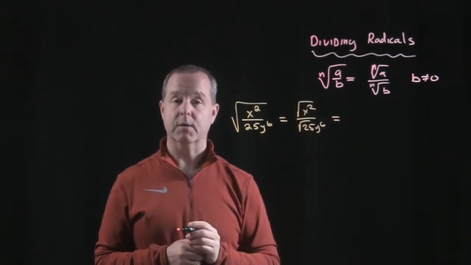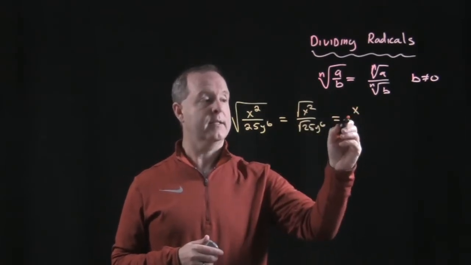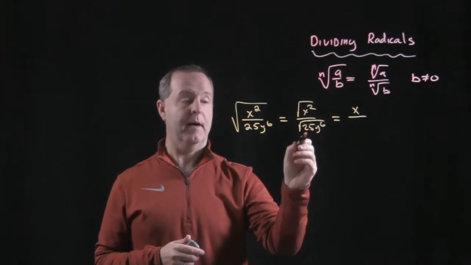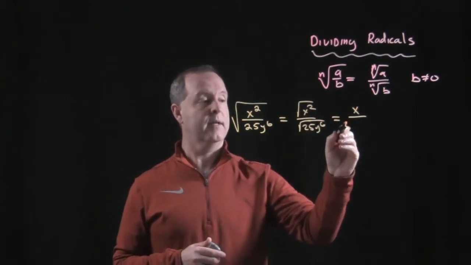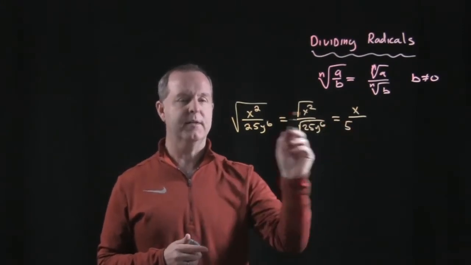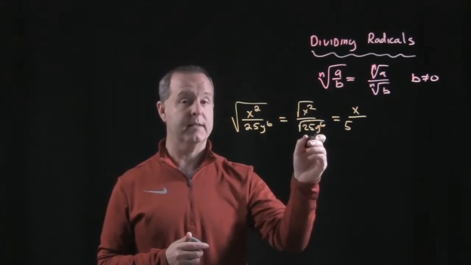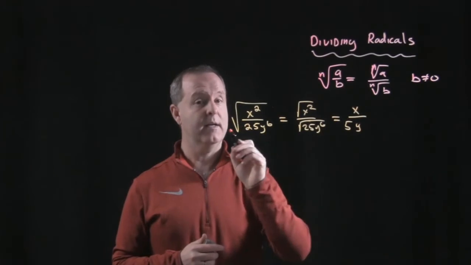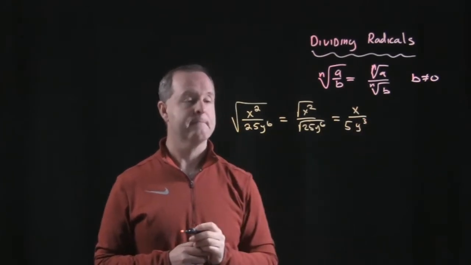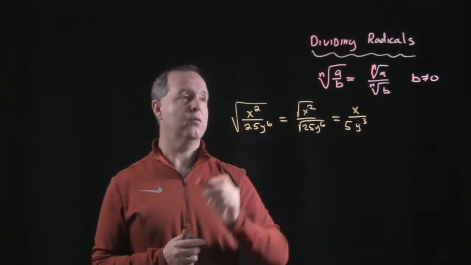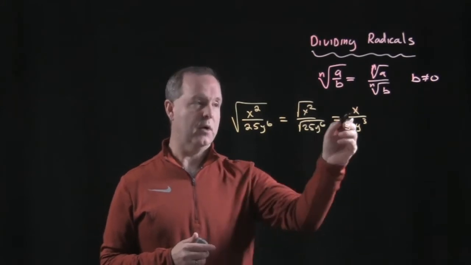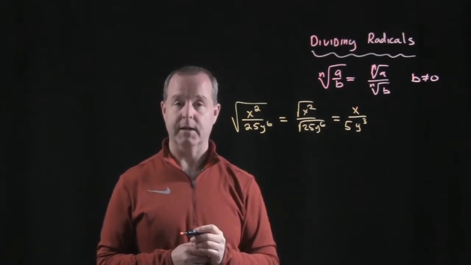The square root of x squared is x. The square root of 25 is 5. And the square root of y to the 6th, remember? What times what makes y to the 6th? That's y to the 3rd. And so these two radicals divide to a result of x over 5y cubed.